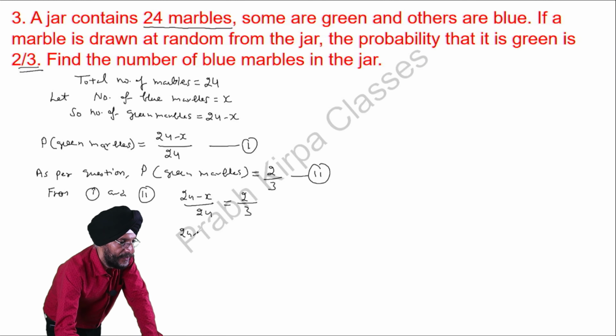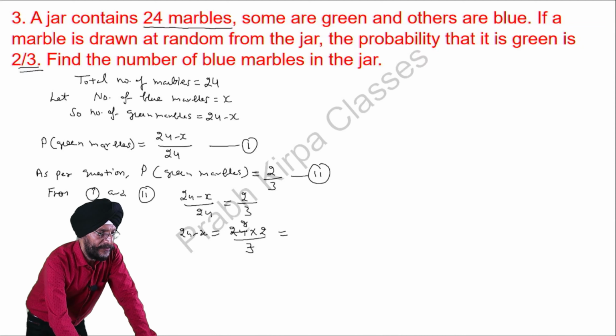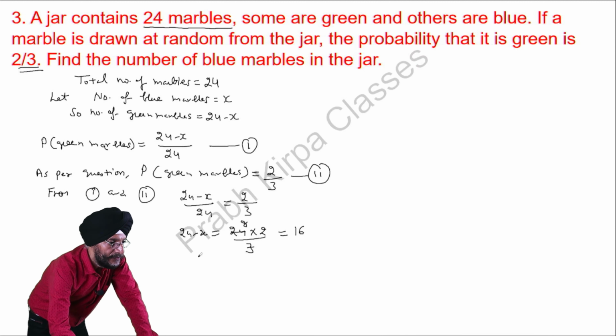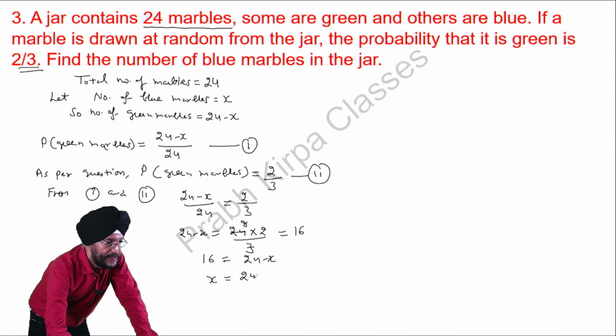We can also write it as 24 into 2/3, or we can cut here and divide 24 by 3. Here it comes 16. So we can also write it as 16 is equal to 24 minus x. x will come to the left hand side and 16 will go to the other side, and here x is equal to 8.